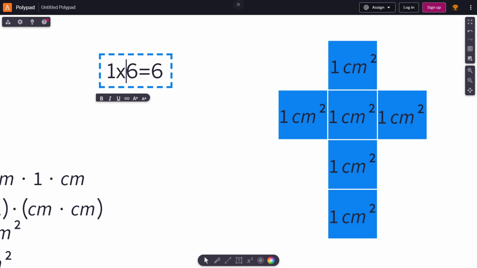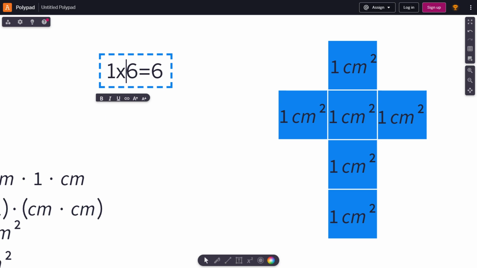So 1 centimeter squared times 6 equals 6. So the surface area of this cube with side lengths of 1 centimeter is 6 centimeters squared.